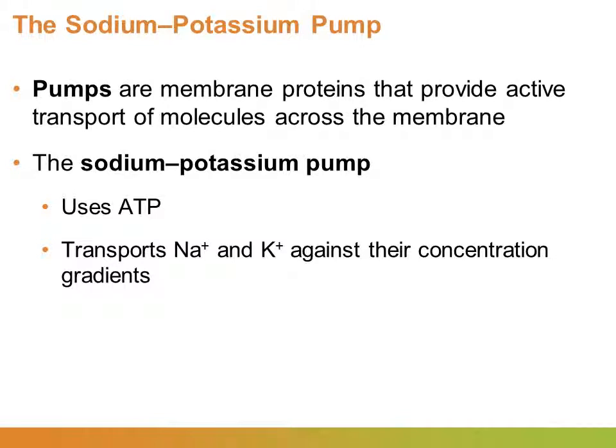So for active transport, how is that possible? How can you move against a concentration gradient? Well, one of the ways is through a pump. And one of the famous protein pumps of all time is the sodium-potassium pump. The reason why this pump is important is because salts affect our circulatory system and our heart health.